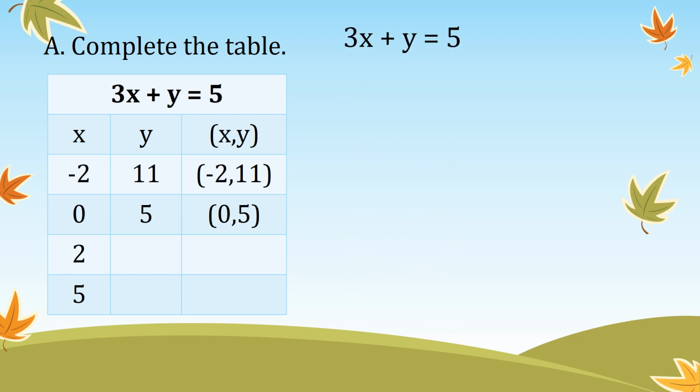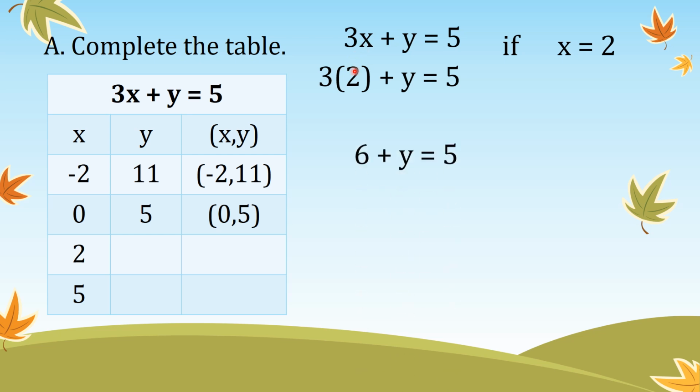Okay, now let us solve for 3x plus y equals 5 if x equals 2. By substitution, we have 3 times 2 plus y equals 5. Simplifying, 3 times 2 equals 6. So we have 6 plus y equals 5.